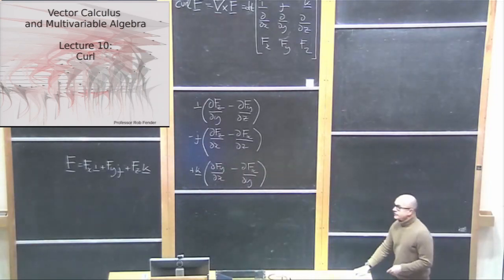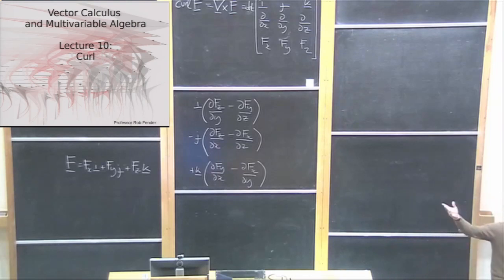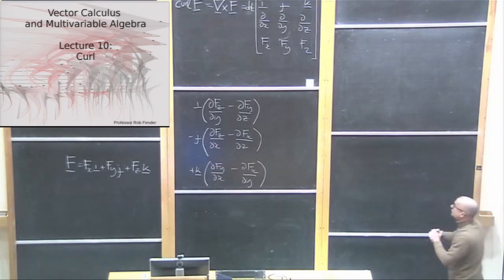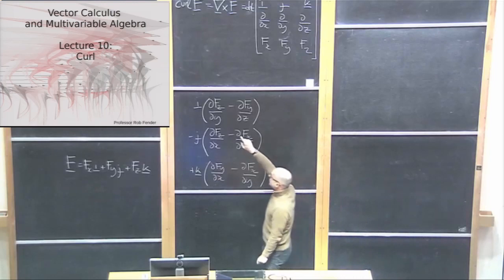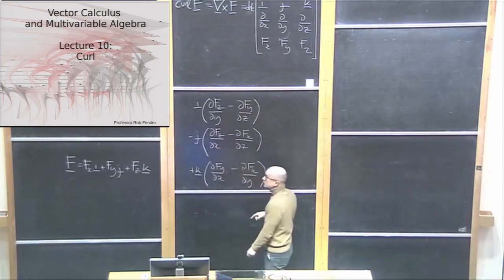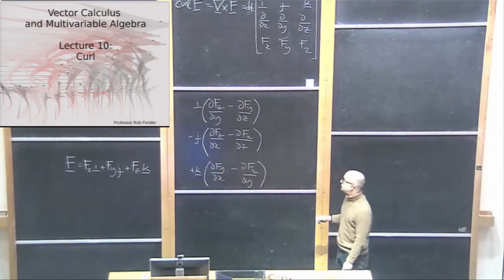So your curl returns a vector. In this case of Cartesian components, it has three components, a component in each of the i, j, and k directions, as you'd expect for this coordinate system.